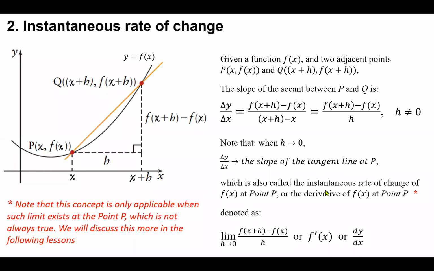Therefore, we call that the instantaneous rate of change of f(x) at point P, or the derivative of f(x) at point P, denoted as the limit as h approaches 0 of (f(x+h) minus f(x)) over h, or we can use the notation here, the derivative of f(x), which is f prime(x), or dy by dx.